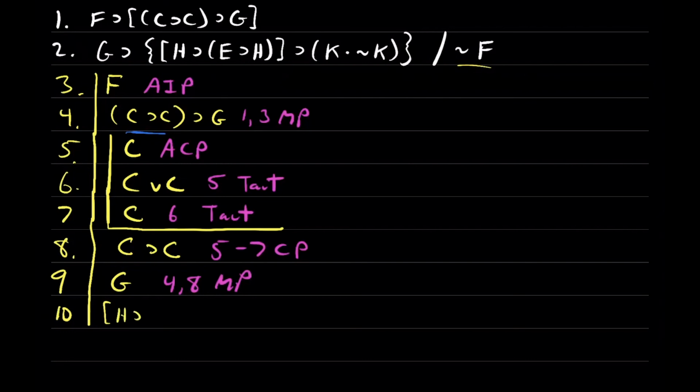H implies E implies H. All of that implies K. Oops, I forgot a square bracket there. K and not K. I'm trying to write a little small to pack it in there. That's going to follow from line 2 and 9 by modus ponens.